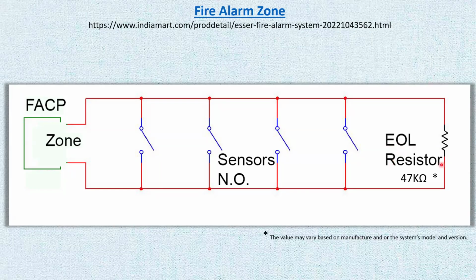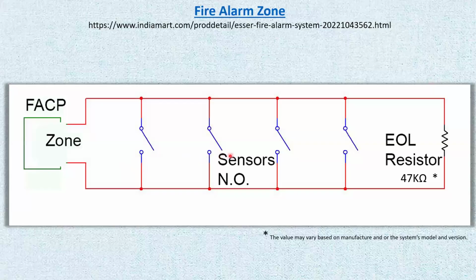Some people would be tempted to install that right here just to satisfy the zone expectations as far as seeing that resistor. What's the purpose of this end-of-line resistor? If you look at this, fire alarm triggers or sensors, as opposed to normally closed for the security alarm, these are normally open.